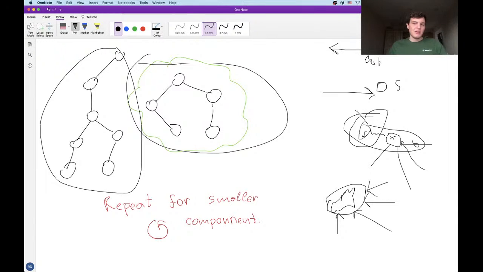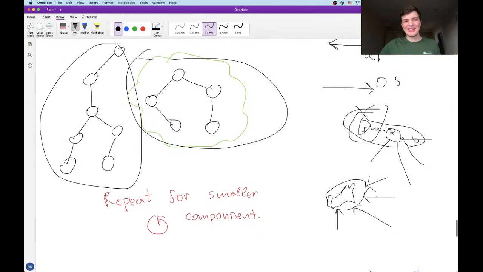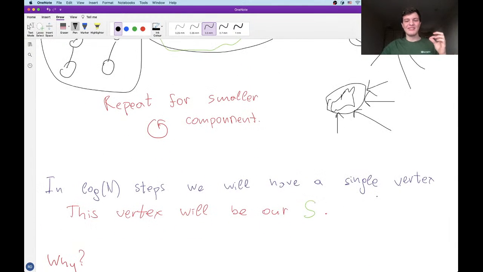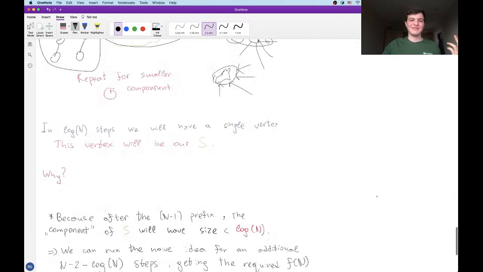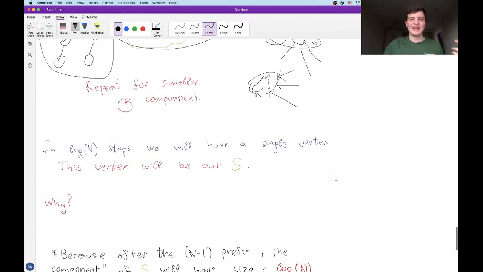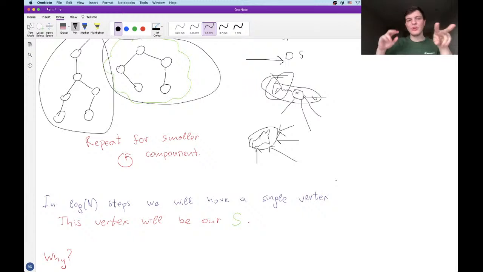And that's pretty much the solution. To be completely frank, we always have the size of the component, and we look at the last edge that appears in the prefix, and we choose the smaller component, and so on and so on until we get a single vertex S.